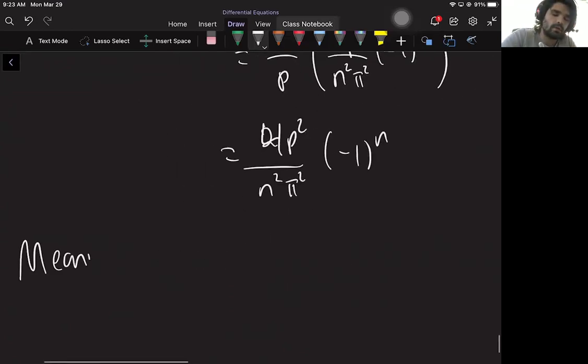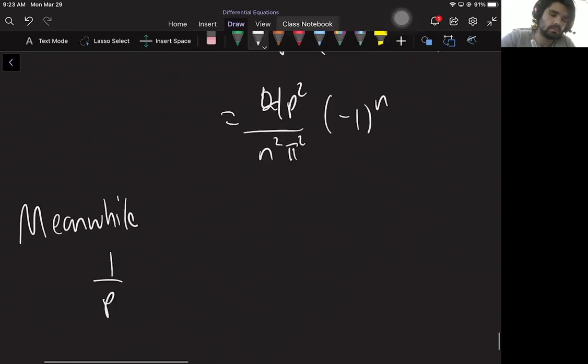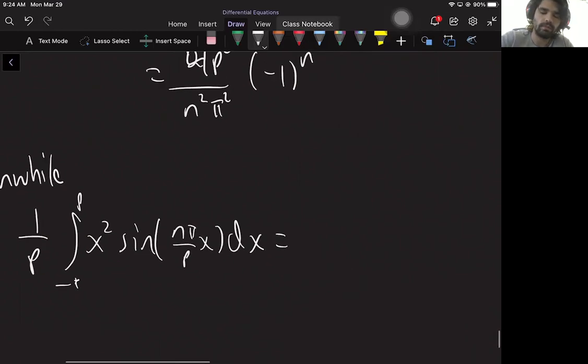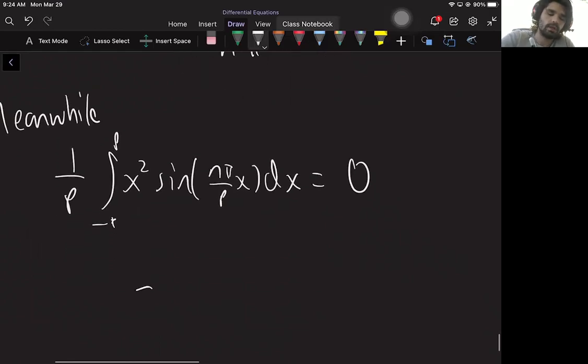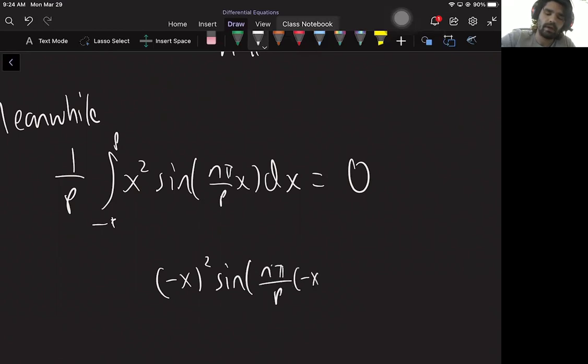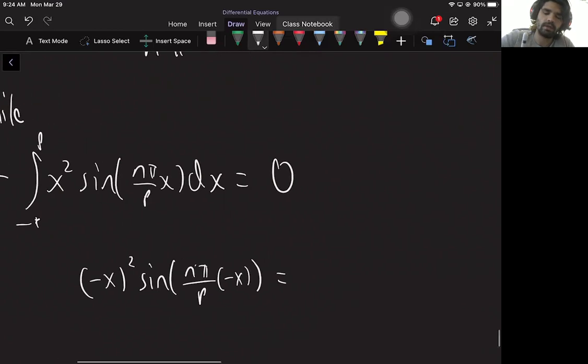Meanwhile, the sine one should go away like I predicted. So let's see. Why does this equal 0? It's because x squared is even. When I change all the x's to -x, the negative that comes out of the sine has nothing to cancel with anymore.